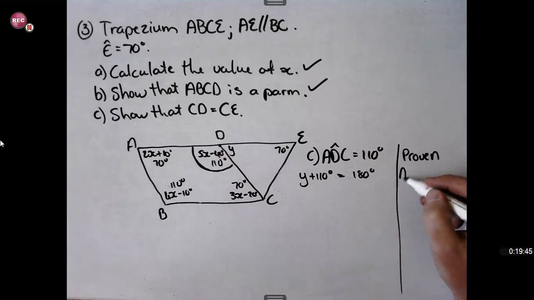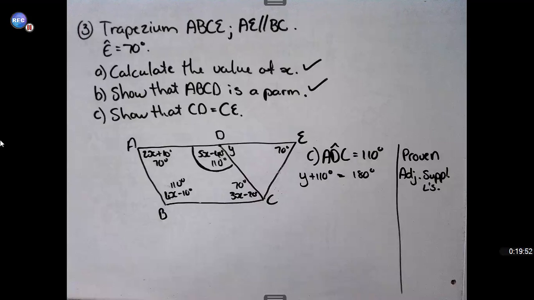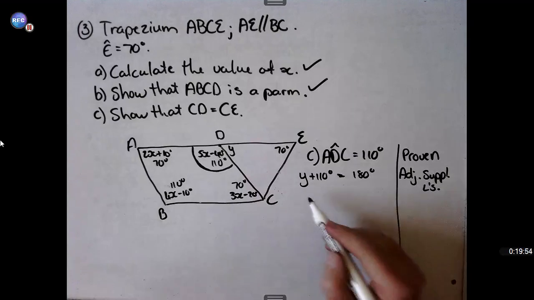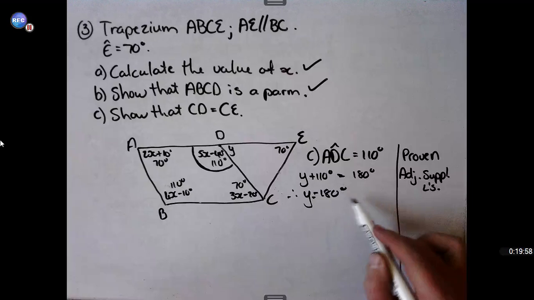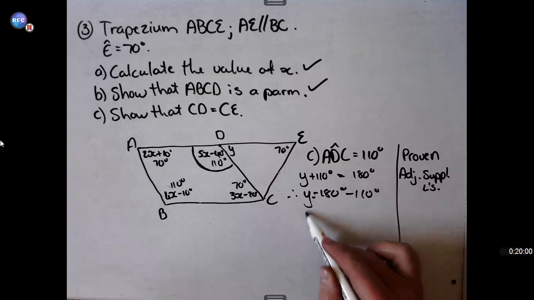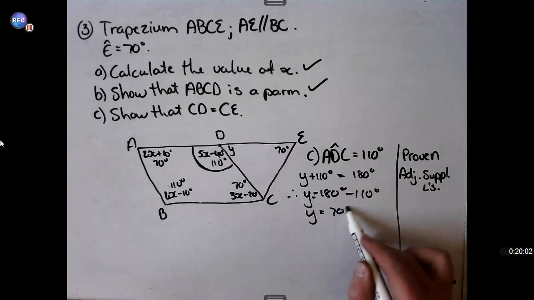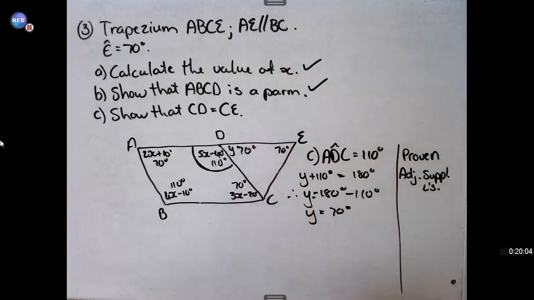And your reason there would be adjacent supplementary angles. Okay. So y is therefore equal to 180 minus 110. So y at the end of the day is equal to 70 degrees. There we go. So y is 70 degrees.